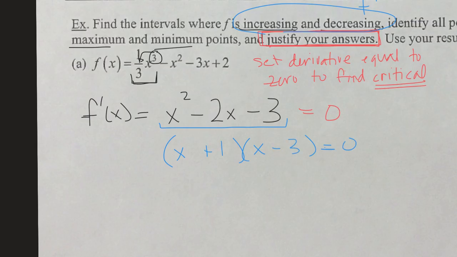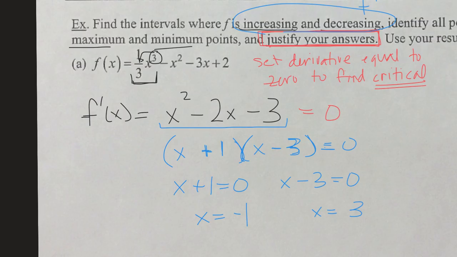So our factors are x plus 1 and x minus 3. Algebra 1 says we set each of our factors equal to 0. So x is -1. That's one of our critical values. And x equals +3. That's our other critical value.